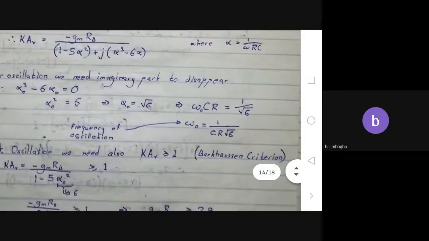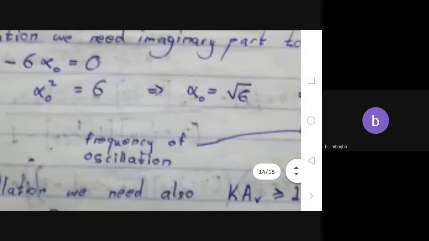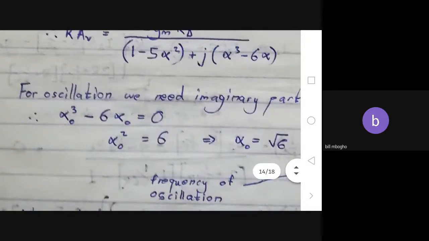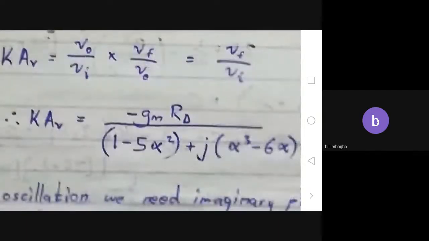And again, just like before, the condition you had here, the alpha cubed minus 6 alpha equals 0, is what you replace in the KAV equation up here, so that you can get your KAV at alpha naught.